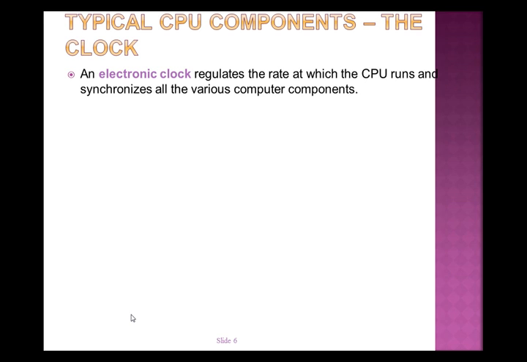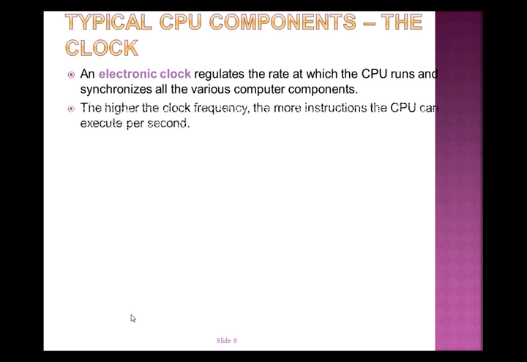Synchronize means coordinate among the various computer components. So this is the main line, that the electronic clock synchronizes with the various components like motherboard, chip, condensers. The electronic clock is helpful for synchronizing with the various computer components.